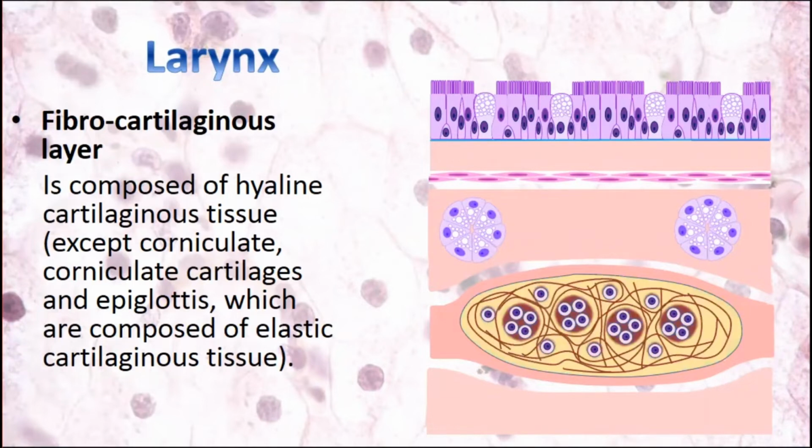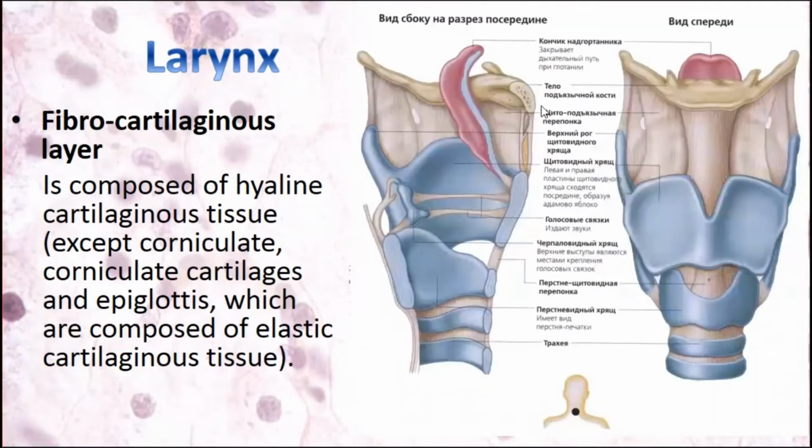Some cartilages, the cuneiform cartilages and epiglottis, are composed of elastic cartilaginous tissue instead of hyaline. Their shape has strict anatomical parts, which you study in anatomy, and you should know that at the histological level they are composed of hyaline cartilaginous tissue, and some cartilages are elastic.